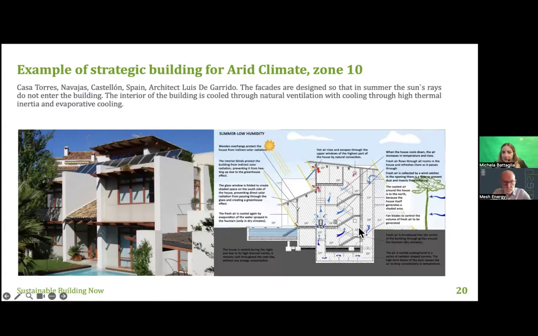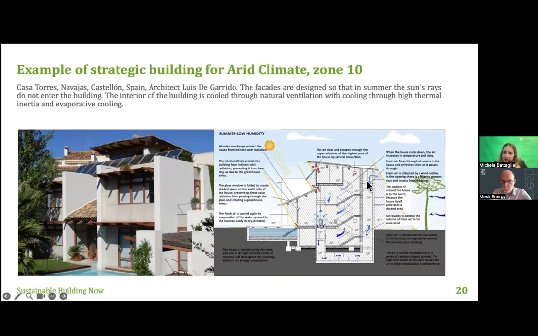This is another example of a building with strategic techniques for arid climate. Here the architect is Luis de Garrido. If you are interested, he does a lot of bioclimatic architecture all around the world. So you can go to his website, where they have a lot of explanation about the strategies that he implements.